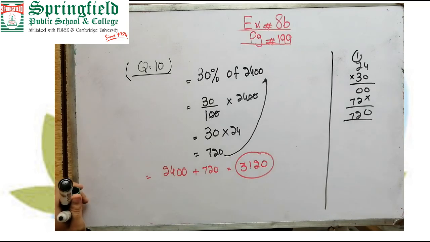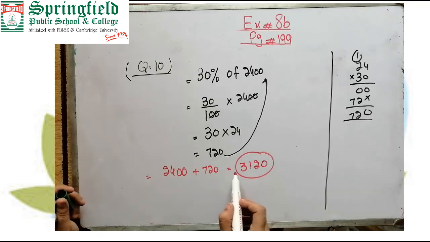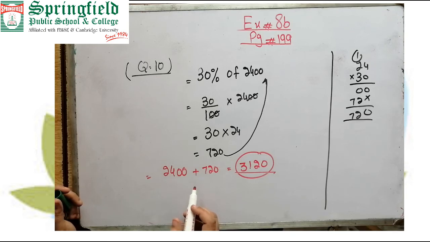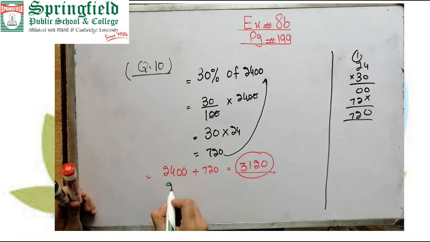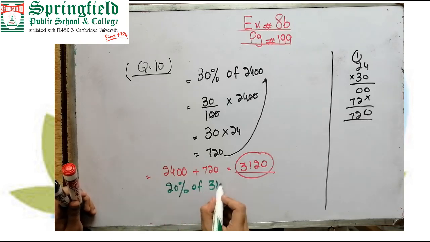Now in the next line they are saying that the value is next decreased by 20%. Now this value is decreased by 20%. So what will be the amount of 20% of this one? First we will find the 20% of this amount. 20% of 3120.